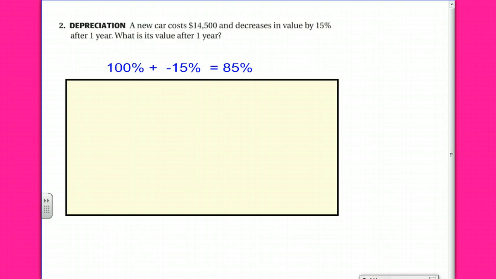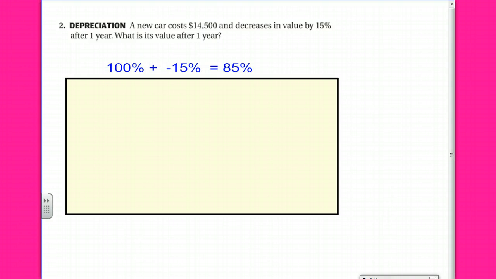Good. So we have 100% and we're going to subtract 15%. So our new percent, you can see, is 85%. The car is no longer 100% of what it was last year, 14,500. The car is now only 85% of what it was last year.